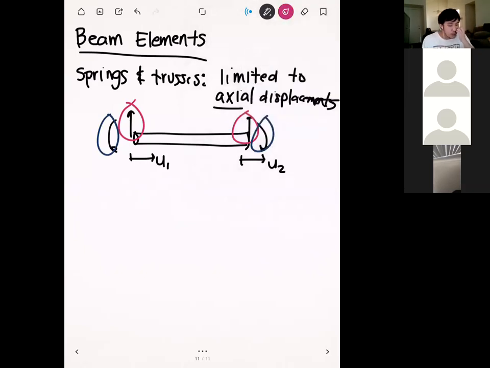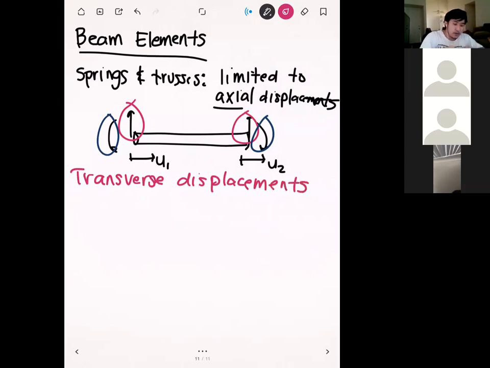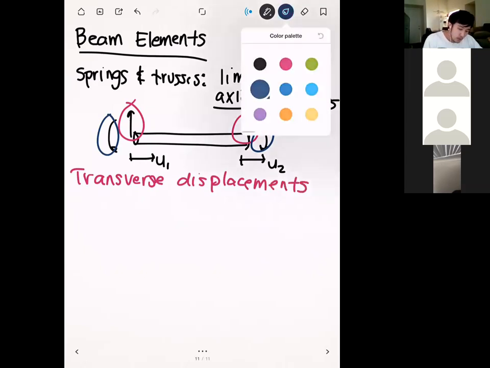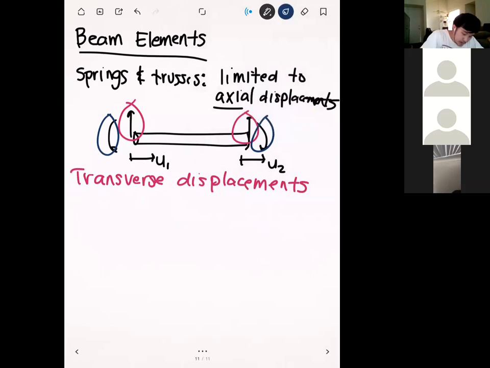In red are displacements perpendicular to the length of the element; we call those transverse displacements. And in blue, what we have are rotations. Real life structural elements can have these transverse displacements and these rotations.